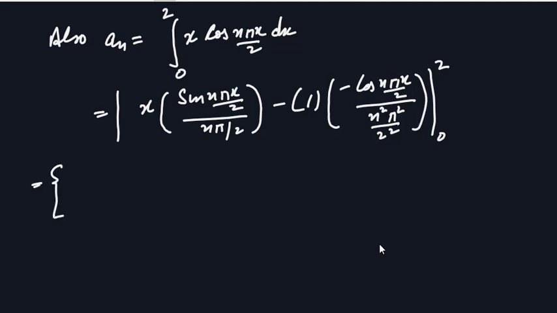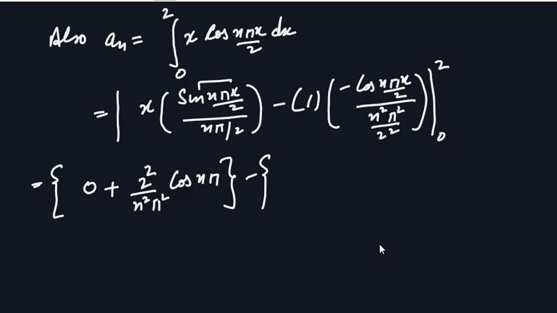On substituting the upper limit 2, the first term you will get is sine of n pi. Sine of n pi is 0. Second term, minus minus plus, I can write 2 square by n square pi square, I will get cos of n pi, bracket close, minus the lower limit. This is 0. When you replace x by 0, the first term will become 0, plus 2 square by n square pi square, and cos of 0 will give you 1.